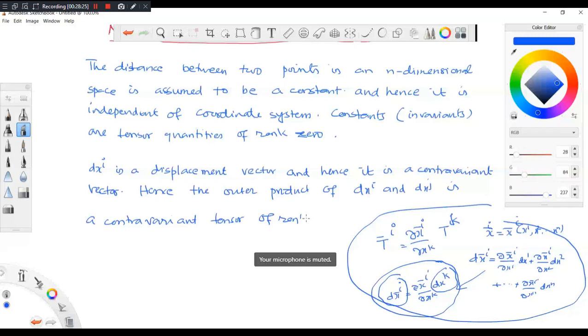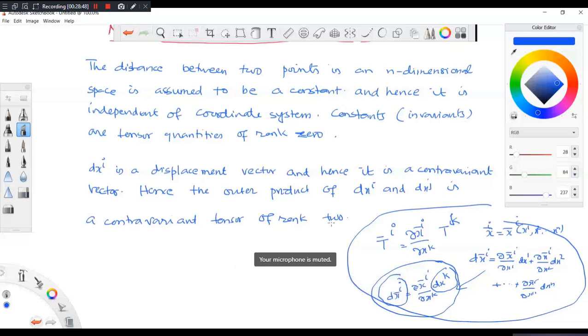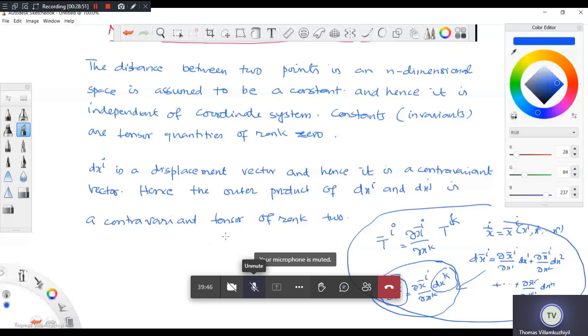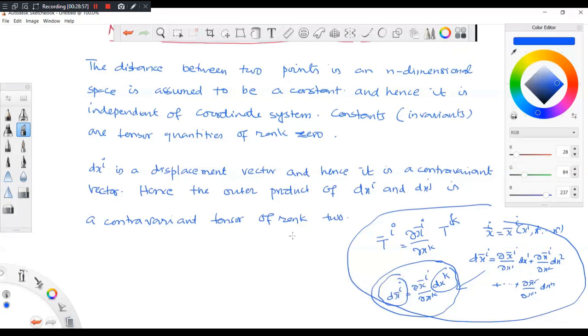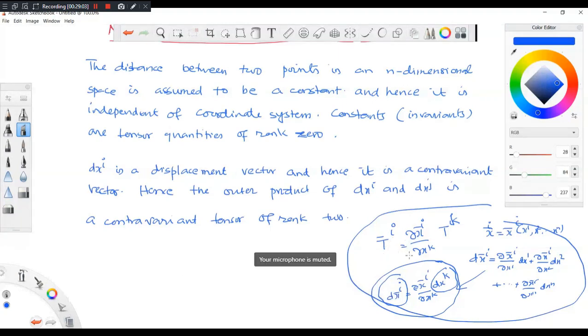You agree with me or not? Nobody is speaking. dxi is a contravariant vector, and dxj is also a contravariant vector. Their outer product, the product of these two, is a contravariant tensor of rank 2. You did a lot of problems for proving this. It is not a new thing. Since each has rank 1, when you take the outer product, it's rank 2. You may write two transformation laws, then combine them, and you can see that it is a contravariant tensor.